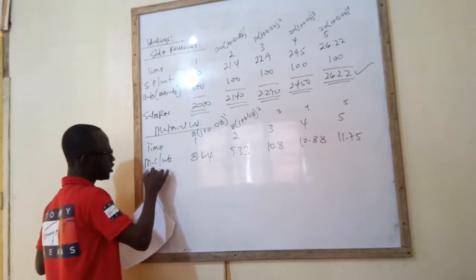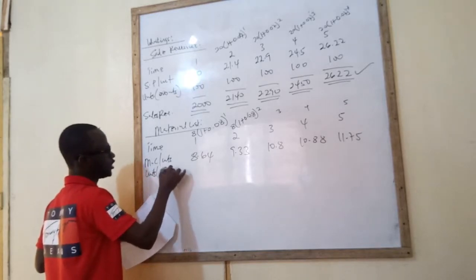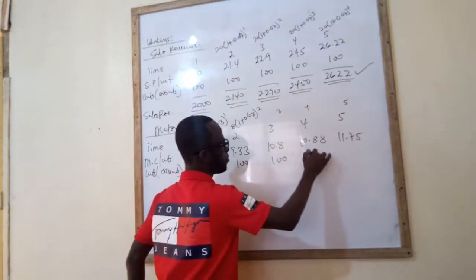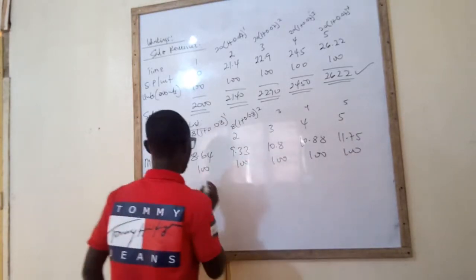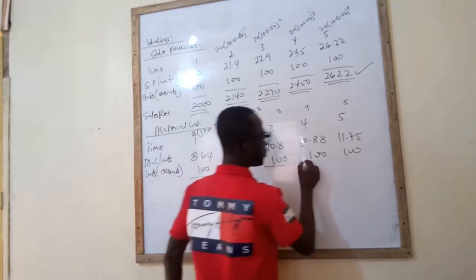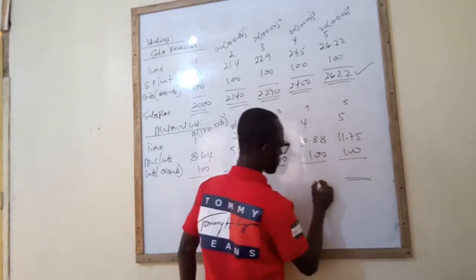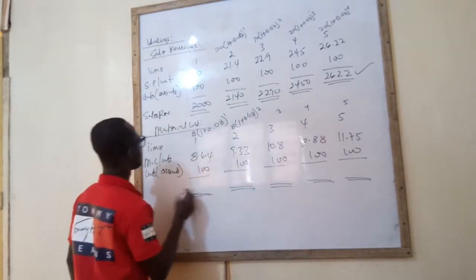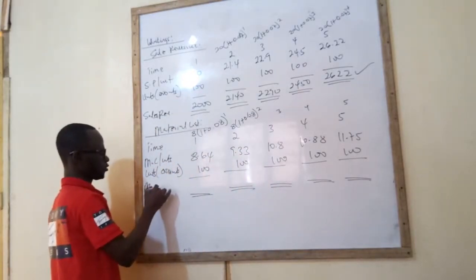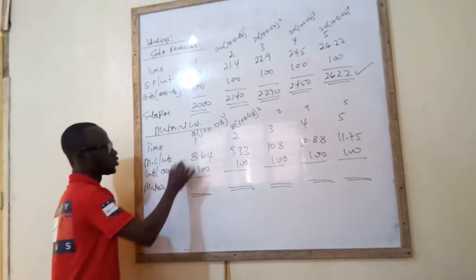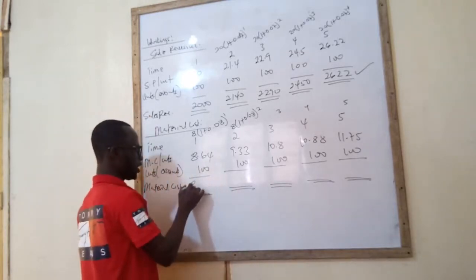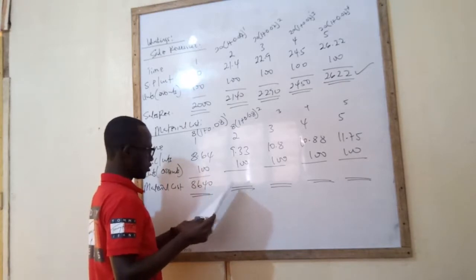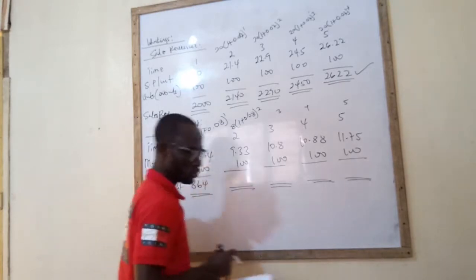Then units. No problem about units, it's in thousands. So by 100, by 100, by 100, by 100, by 100. So our material cost to be taken to the NPV schedule is going to be 864.